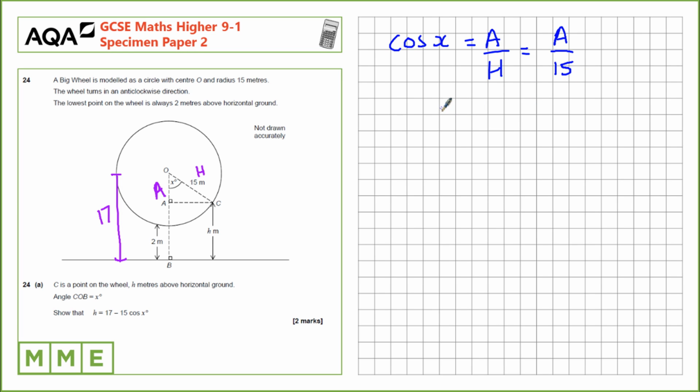So the adjacent side is simply 15 cos x. Next, we need to figure out what h is. If we know that 17 is the full length and this side is 15 cos x, we can take h as 17 take away the smaller length here, 15 cos x. That's our 2 marks.